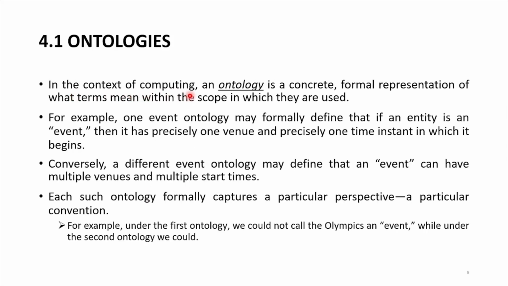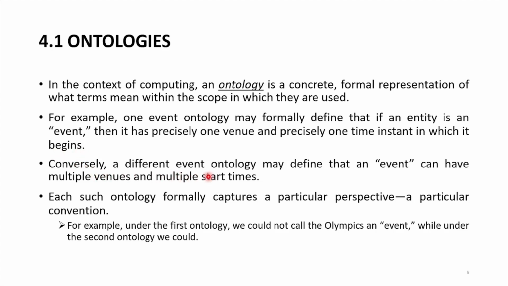In the context of computing, an ontology is a concrete, formal representation of what terms mean within the scope in which they are used. For example, one event ontology may formally define that if an entity is an event, then it has precisely one venue and precisely one time instant in which it begins.